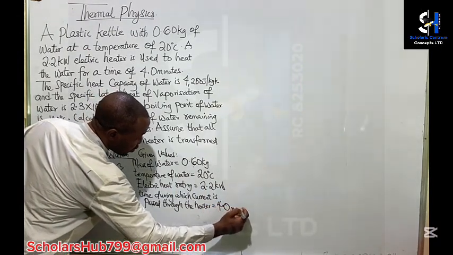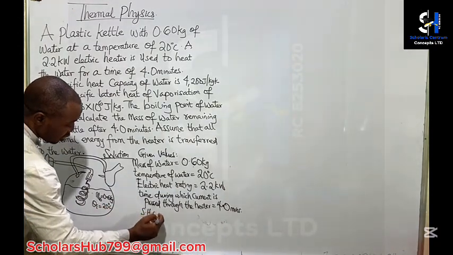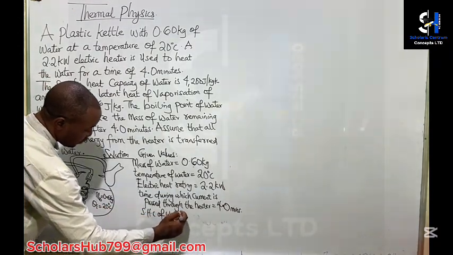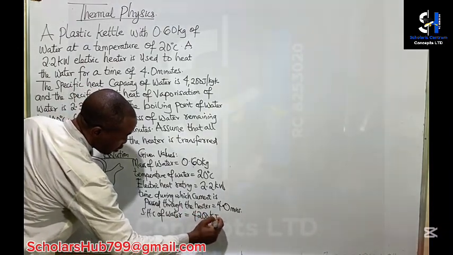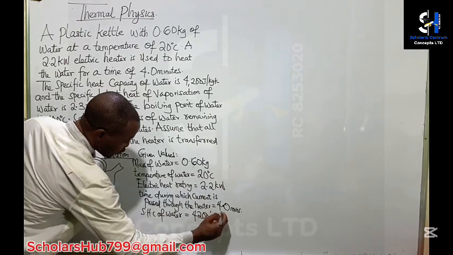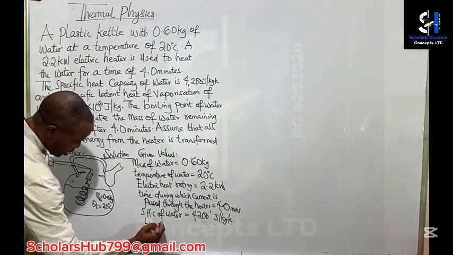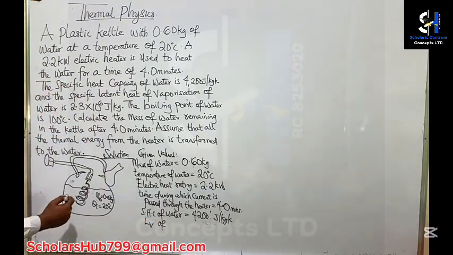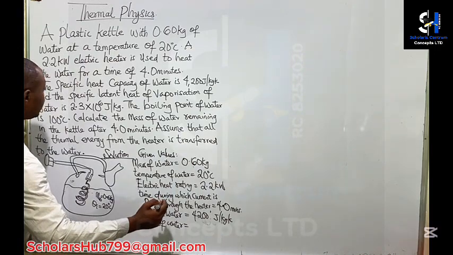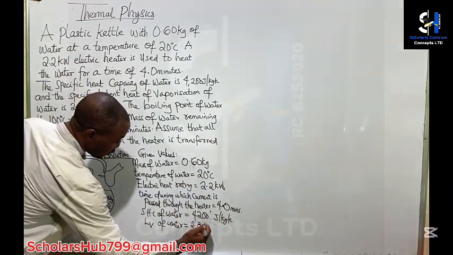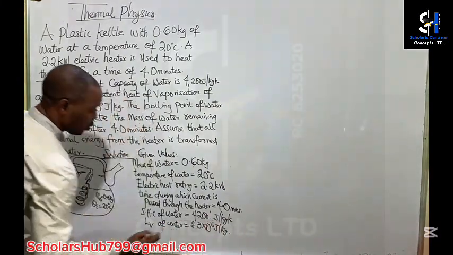We're also given the specific heat capacity of water, which is 4200 joules per kilogram per Kelvin. Then the latent heat of vaporization of water is given to be 2.3 times 10 raised to the power of 6 joules per kilogram.